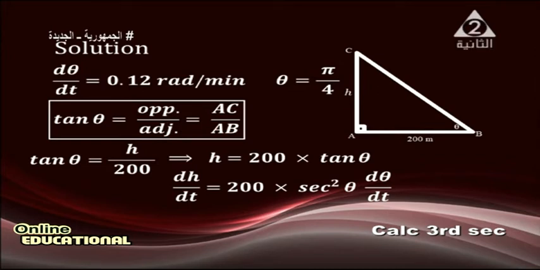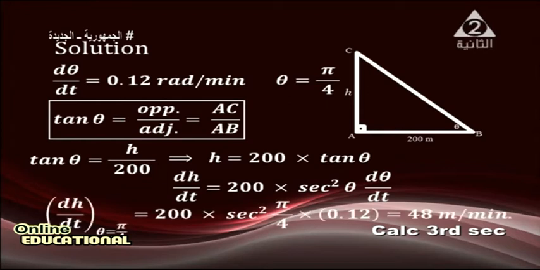We know that the rate of change of θ with respect to time equals 0.12, and the measure of the angle at this moment equals π/4. Then dh/dt at θ equals π/4 equals 200 times sec^2(π/4) times 0.12, which equals 48 meters per minute.